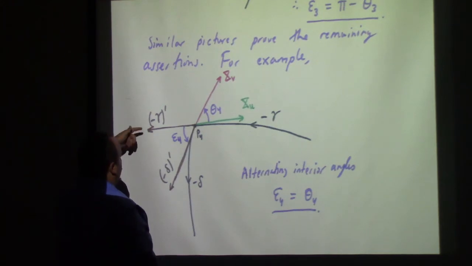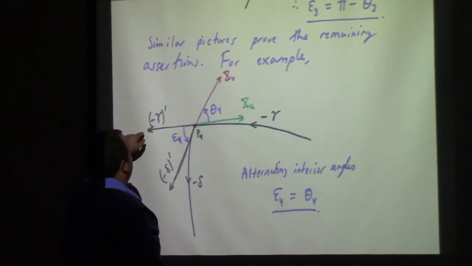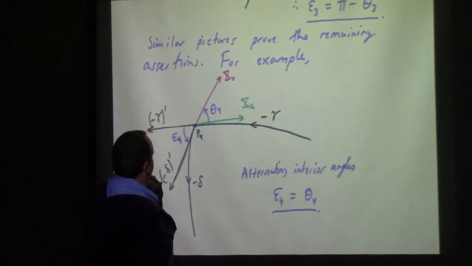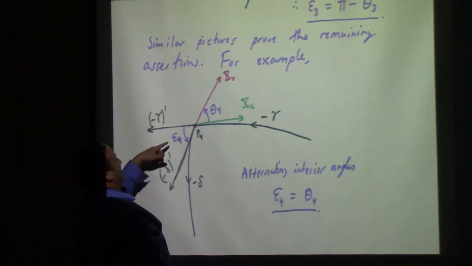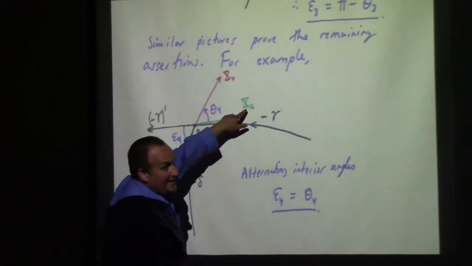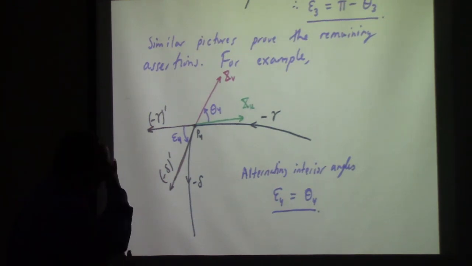E4 is going from minus gamma prime to minus delta prime. Then you can't equal theta 4. Well, but theta 4 is going from minus delta prime to minus delta prime. Like this is minus that, and this is minus that. How? What? By definition, essentially, of how we parametrize the edge curves.